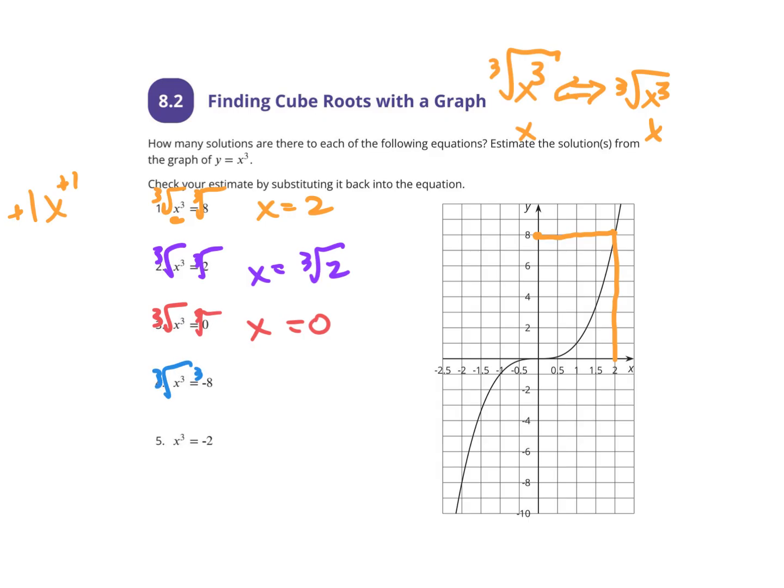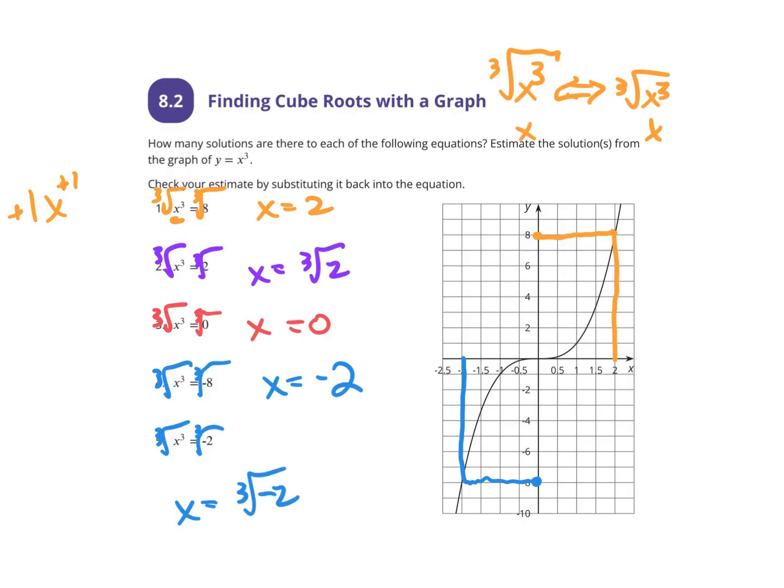We see a negative number, but you can take the cube root of it, because if I go over to the graph, it actually touches the graph, and we see that that's negative 2. So x equals negative 2. And then finally, the cube root gets rid of a cube, and x equals the cube root of negative 2.